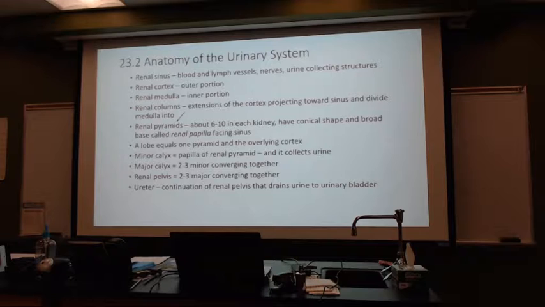Now, as urine gets formed, that's what they're trying to show you with all the yellow. The goal is to make sure that we get it into this area of the renal pelvis so that it can leave by way of the ureter. That's the goal.